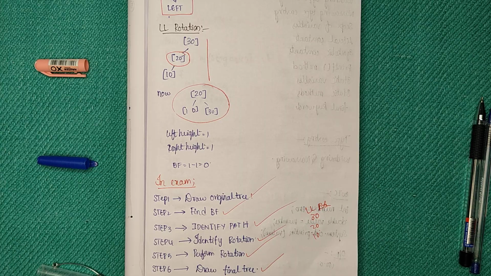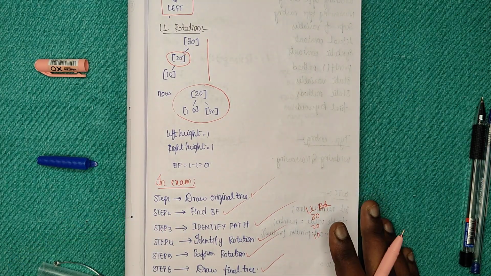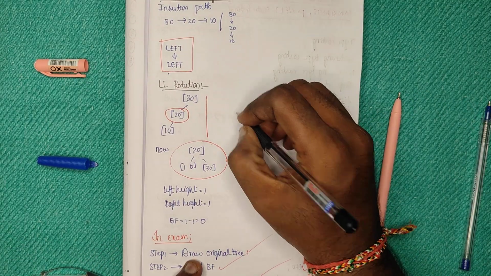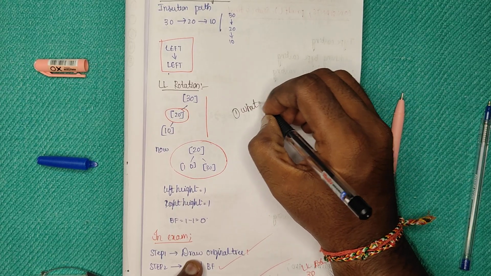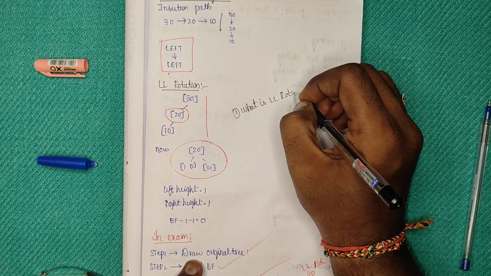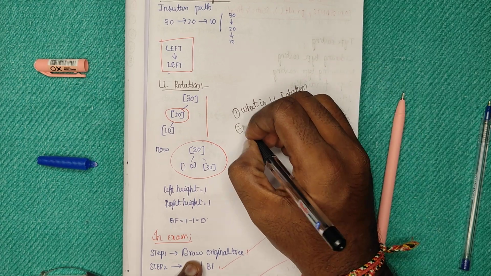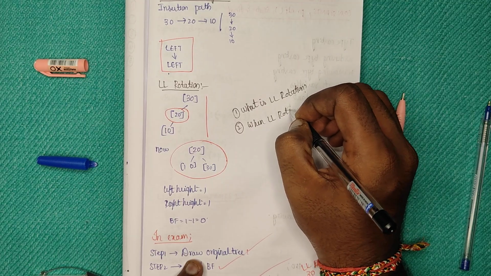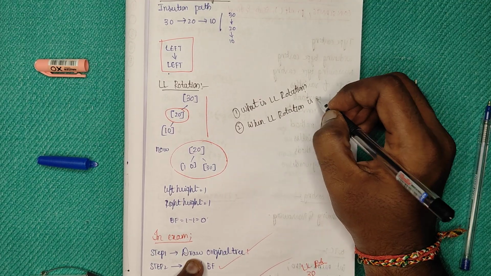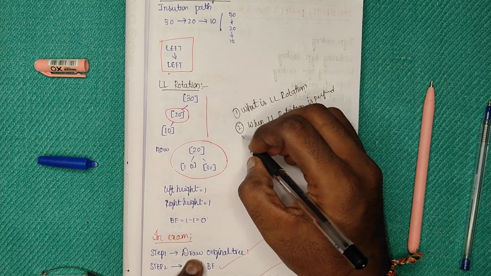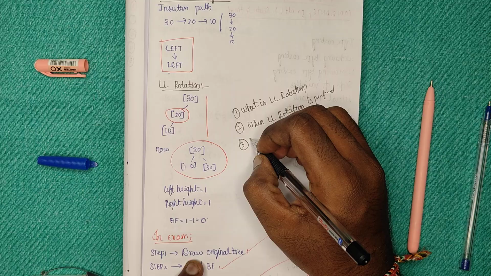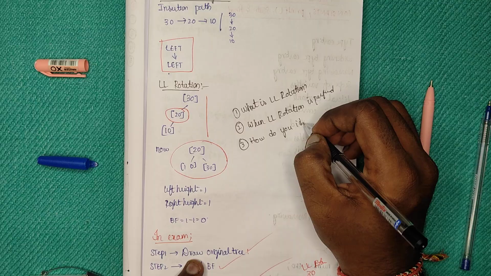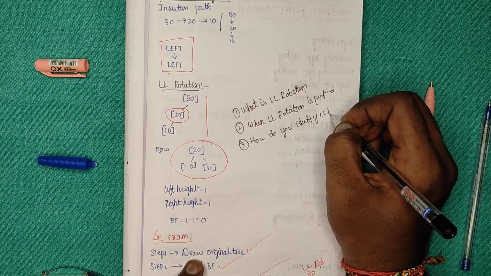Here are some important questions. First question: what is LL rotation? When is LL rotation performed? How do you identify an LL rotation?